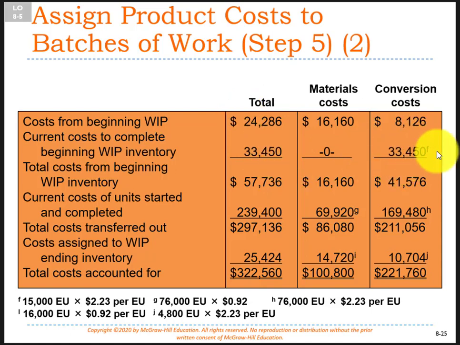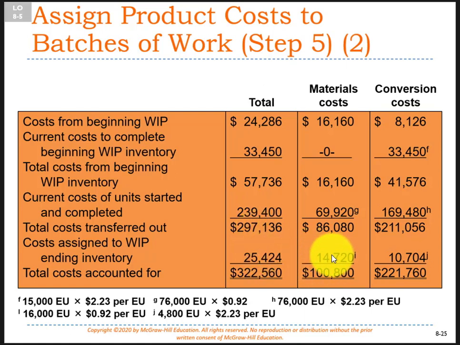But then we have this extra step, and then we have this calculated a little differently because it's only those units that are started and completed. We still add it together, and we get the total cost transferred of $297,136, which is slightly different than what we got when we did it the weighted average method.